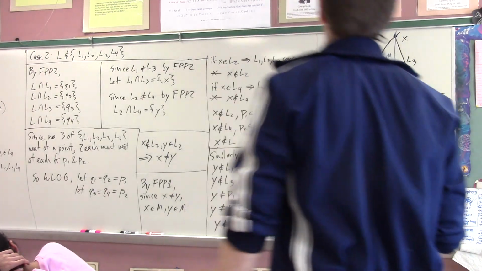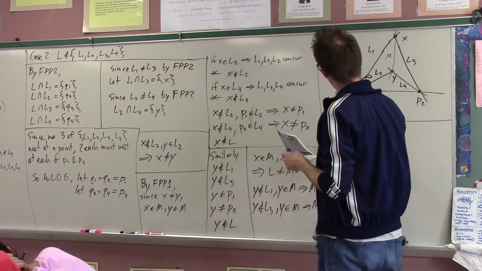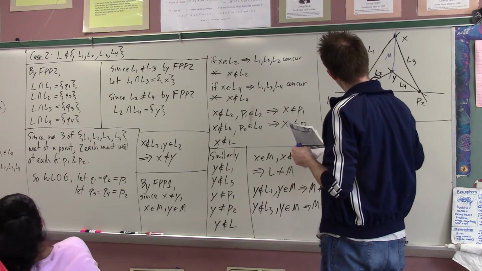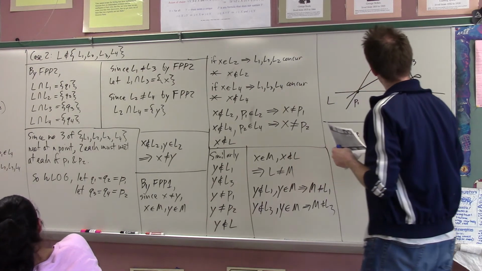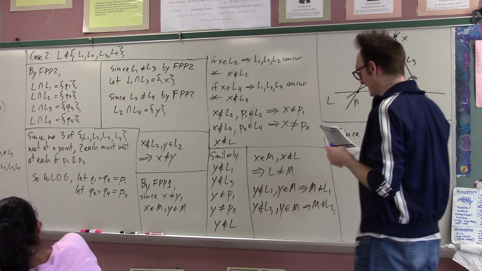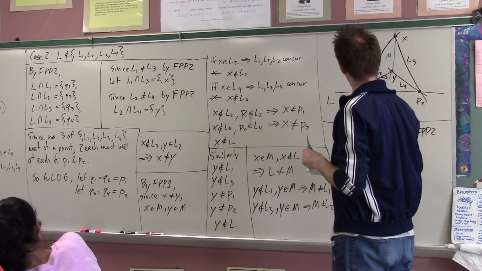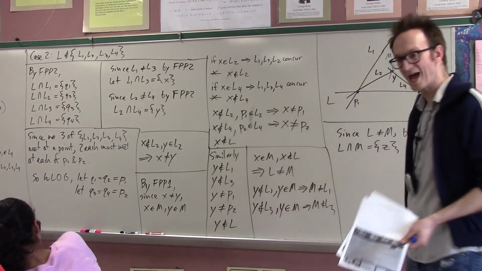Finally, I will say that since L is not M, by FPP2, L and M must intersect somewhere. L intersect M must be some point. Okay, what is M really?